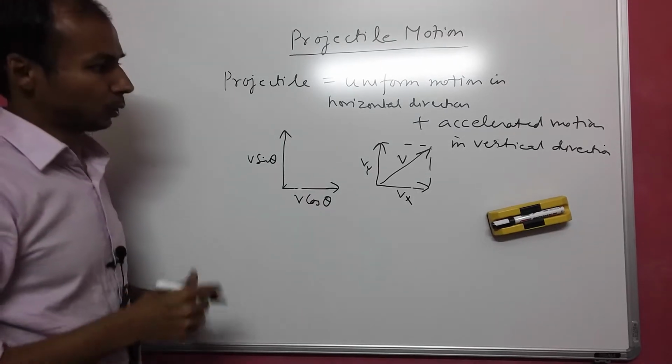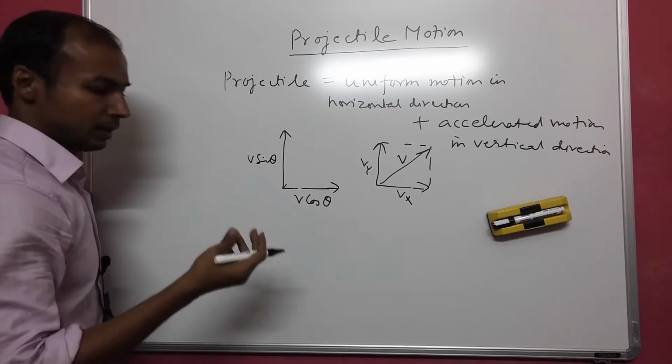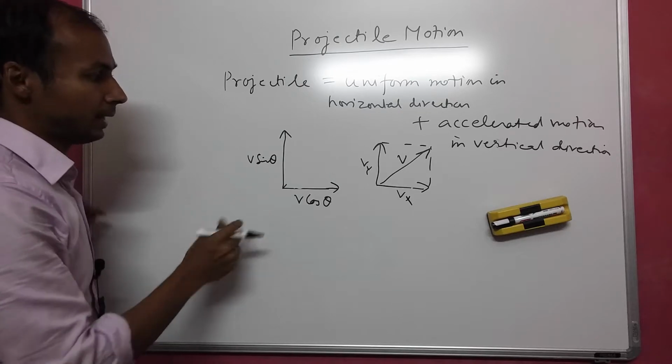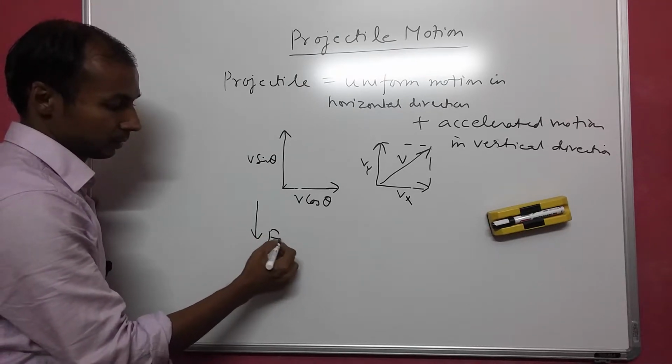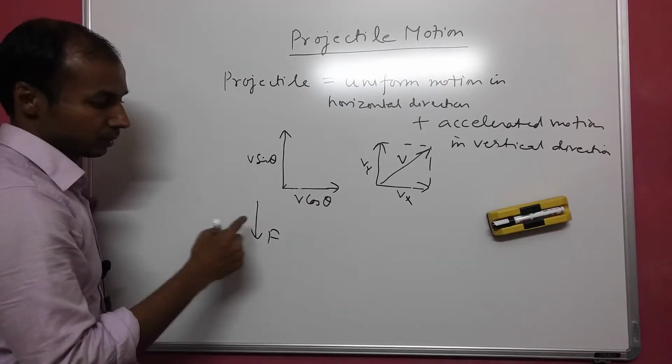Fine. So let's say you throw an object with this velocity. Once the object is out of your hand, the only force is the gravity force. So we have these two velocities and this is the force.